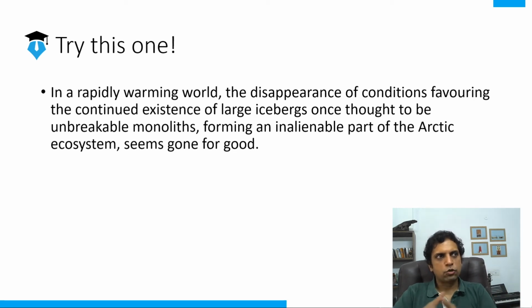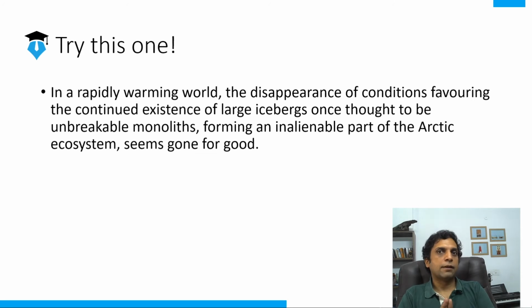Now, once thought to be unbreakable monoliths. What was once thought to be unbreakable monoliths? Large icebergs, obviously not conditions. Therefore, it is right next to its subject. Leave it aside. Forming an inalienable part of the Arctic ecosystem. What is this referring to? Either monoliths or icebergs.